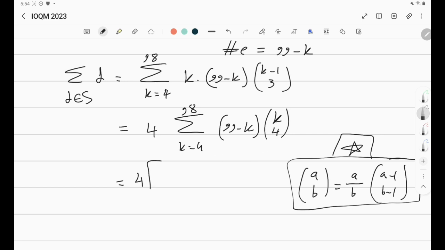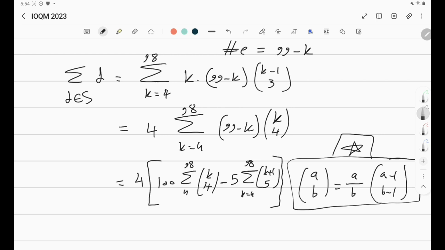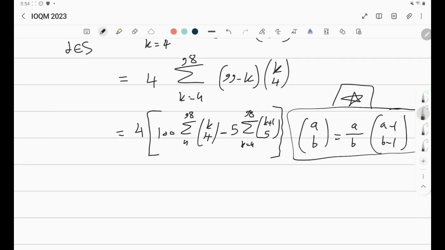That means here I have 100 times the sum of k choose 4, minus, here it's k plus 1 times this, so I'm going to make it the same trick. Now it's (k plus 1) choose 5, with k still from 4 to 98. Now this is easy, we can calculate this one easily.